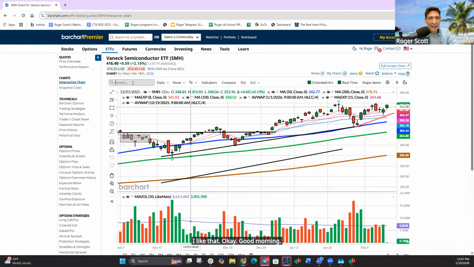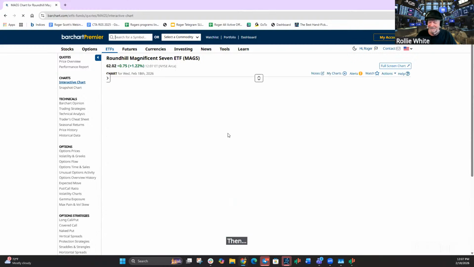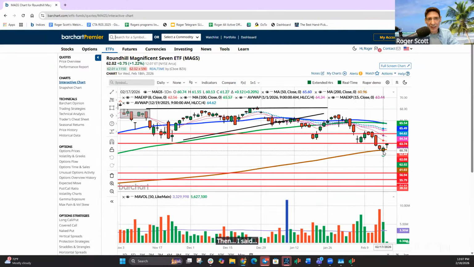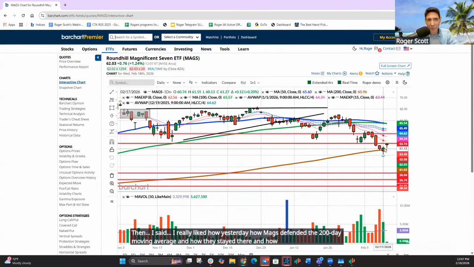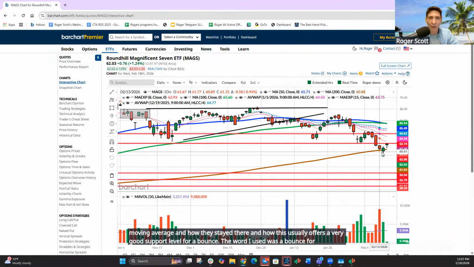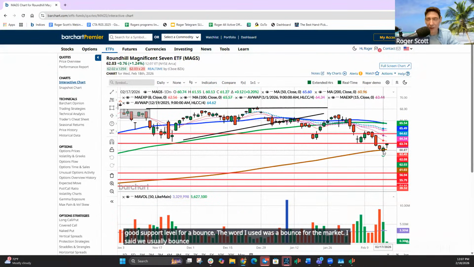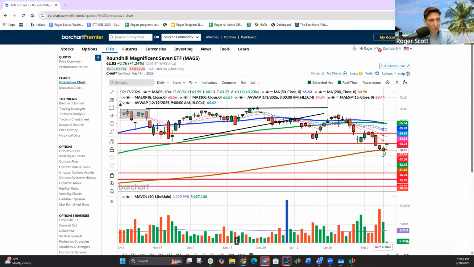Then I said I really liked how yesterday MAGS defended the 200-day moving average and how they stayed there, and how this usually offers a very good support level for a bounce. The word I used was a bounce for the market. I said we usually bounce pretty good around the 200-day. I did say that too.